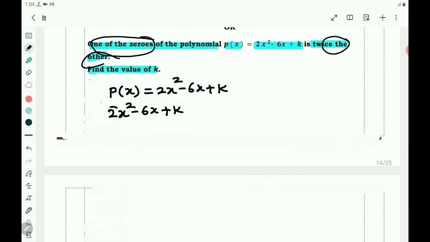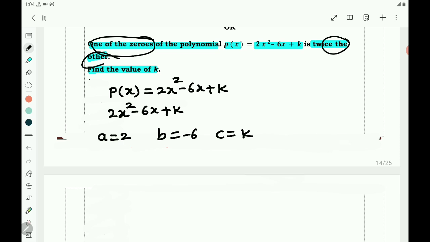Then you write the values of a, b and c. A is the coefficient of x square. Here a is equals to 2. B is the coefficient of x. B is equals to minus 6. And c is equals to k.